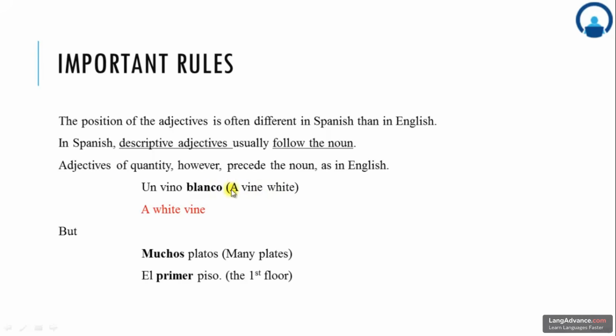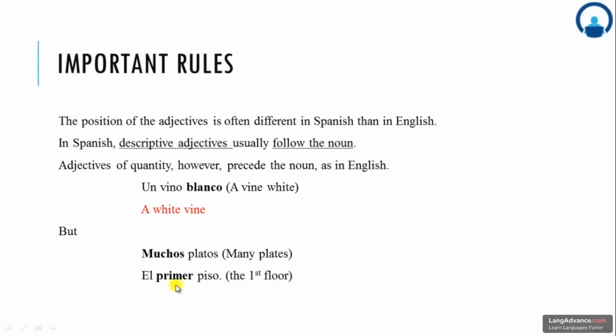But this was for descriptive adjectives. When it is not descriptive, the rule is not followed. That means, for example, muchos platos. That means many plates. This muchos, this adjective, is not after the noun, it is before the noun itself. So it has the literal translation. Similarly, with another example, el primer piso. That means the first floor.